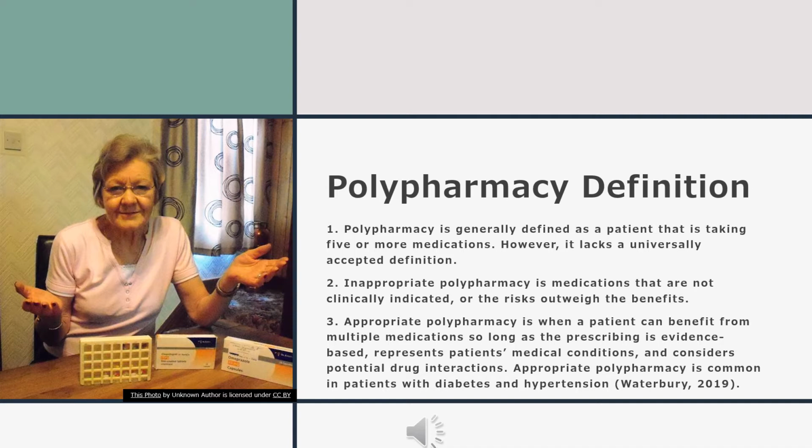And then we also have appropriate polypharmacy, and that is when a patient is on multiple medications, but that is needed for their medical conditions, and that's very common in like diabetes or high blood pressure. It is appropriate so long as the prescribing is evidence-based and represents patients' medical conditions and considers potential drug interactions.